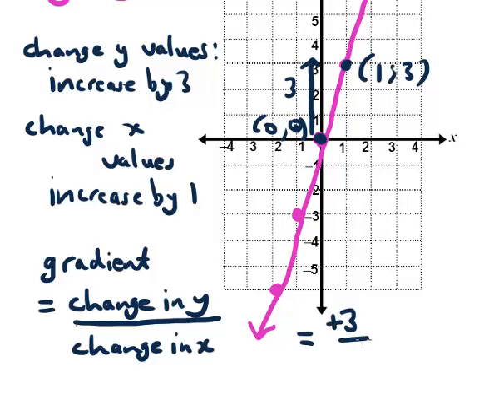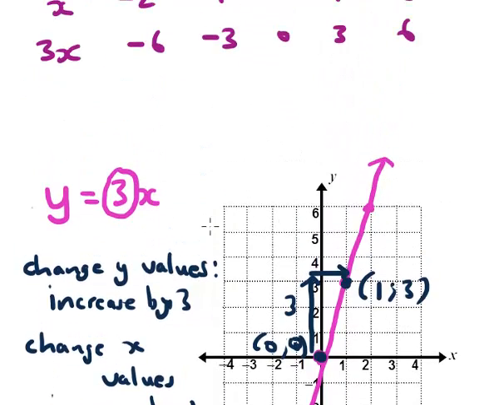We went plus 3. Then the x values have changed by 1, going up here and then across by 1, which gives you 3 over 1, which is 3. So the gradient, the coefficient of x, tells us the rise over the run, or how the y values change in relationship to the x's. And that's really what gradient is.